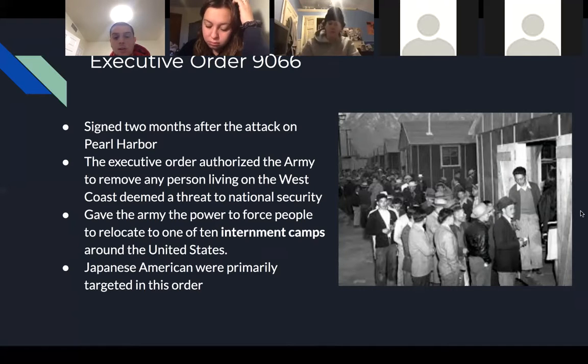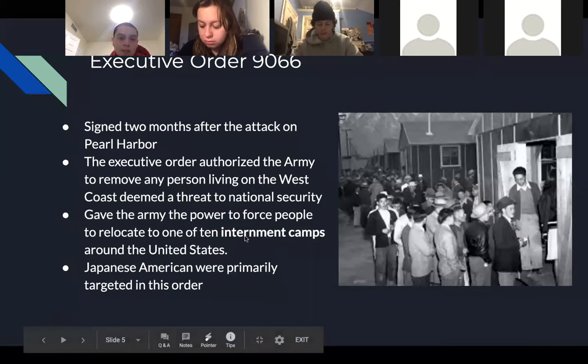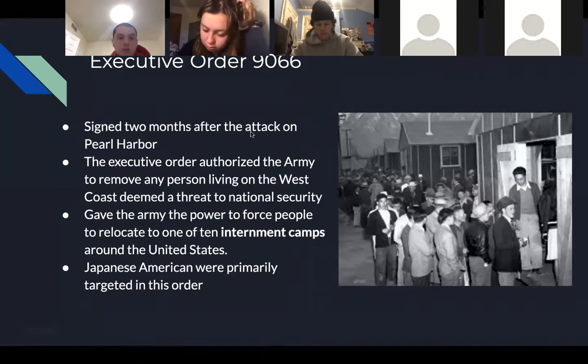People thought, or the United States government thought, they were spies or disloyal to the country. And so this gave the Army the power to force people to relocate into one of 10 internment camps around the United States, which were basically restricted living communities where they were forced to work and stay there, basically with no freedom.